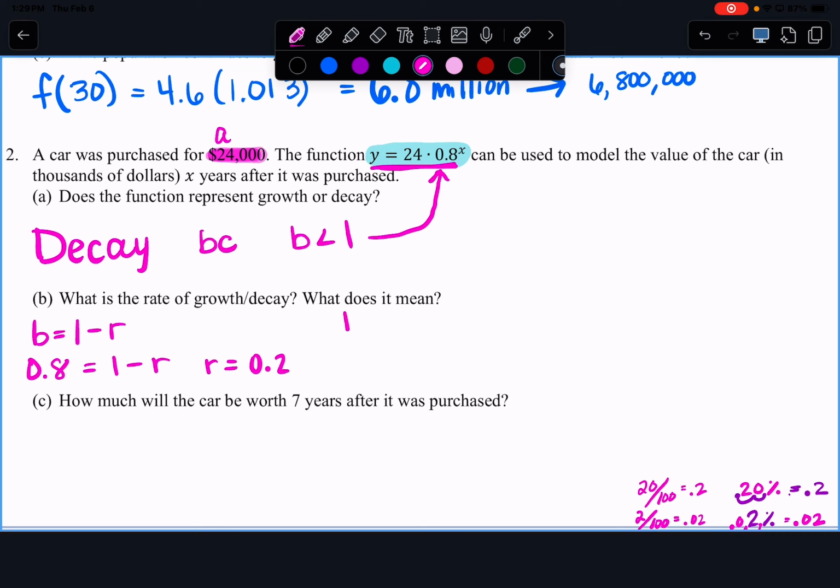Okay, so the car, because it asks us what does it mean: does the car value increase or decrease? The car value decreases at a rate of 20%.